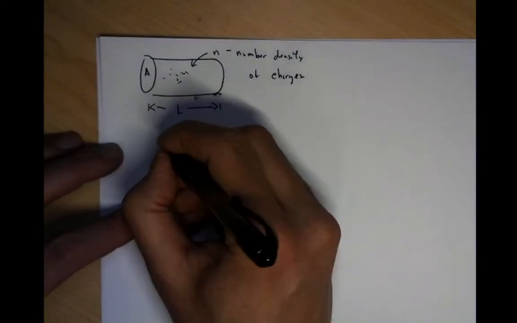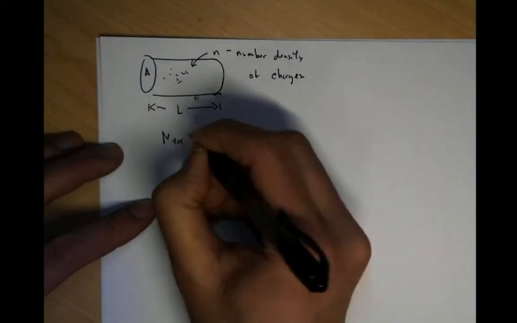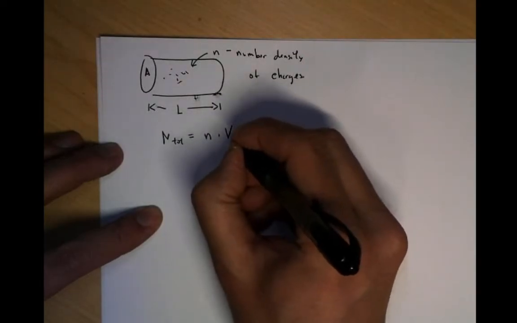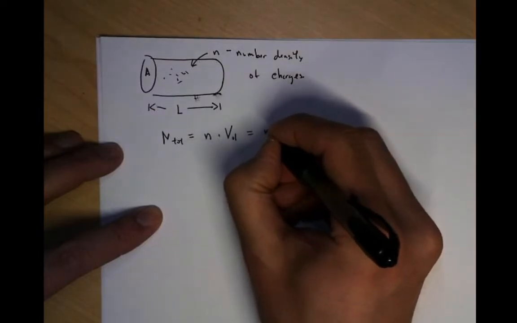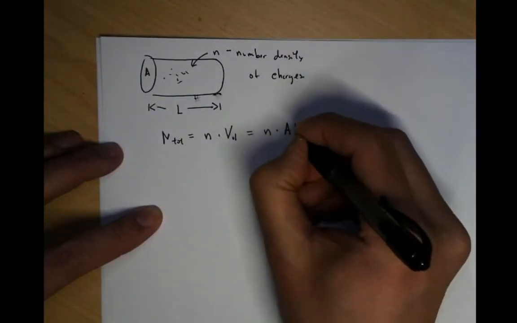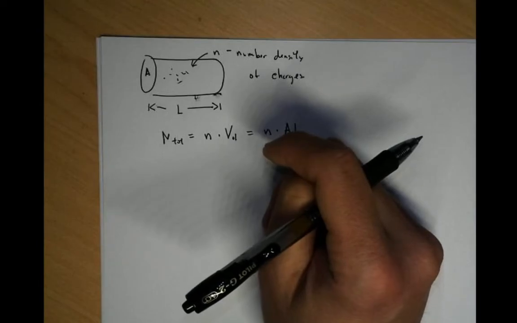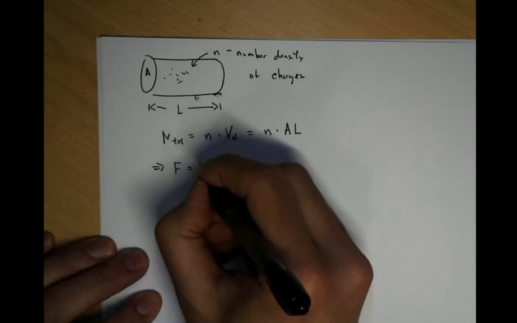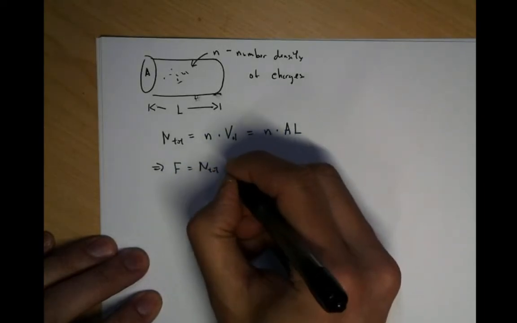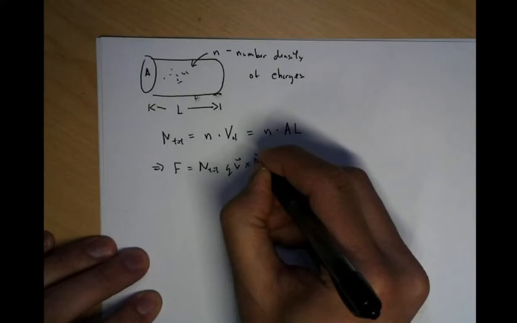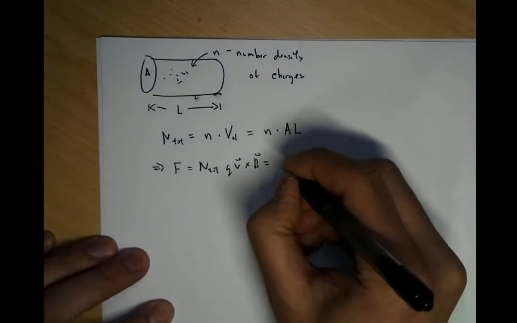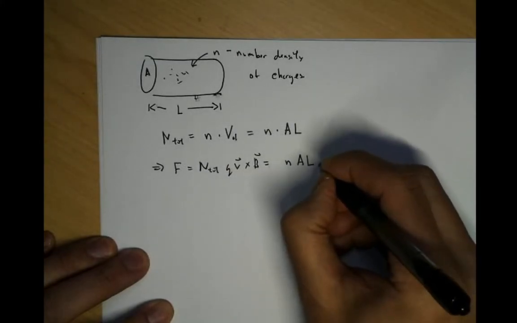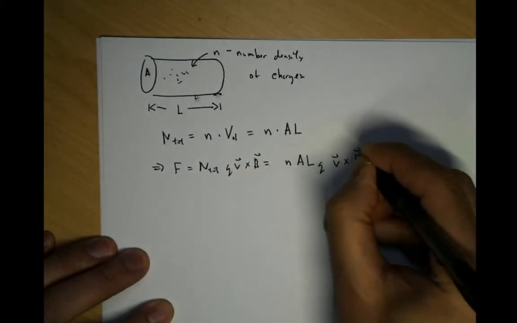The total number of charges is the number density times the volume, which is the number density times the cross-sectional area times the length. So the force, which we wrote as N total Q V cross B, is equal to n A L Q V cross B.